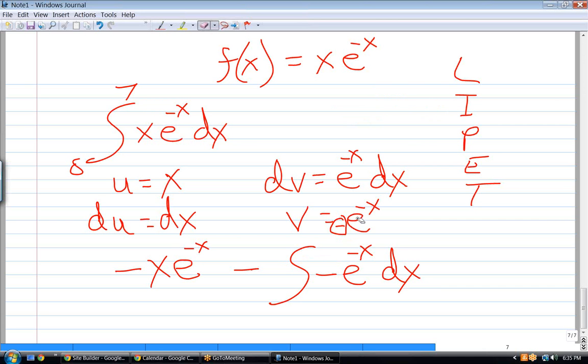In this case, it was e to the negative x divided by -1, which is minus e to the minus x. I can take this before I attempt to find the antiderivative of this. Let's take this negative sign out. In other words, I just took a -1 out.